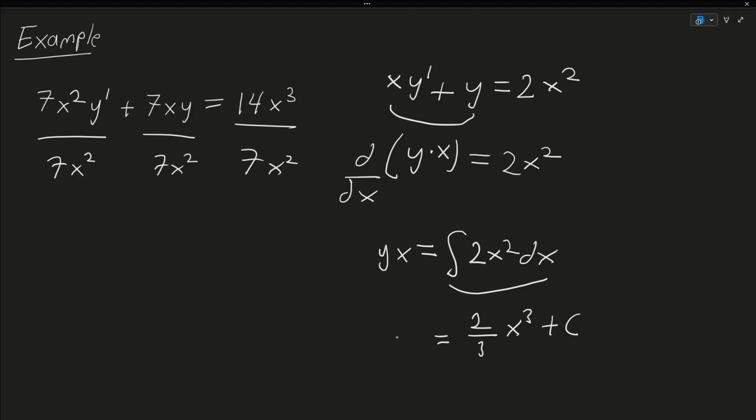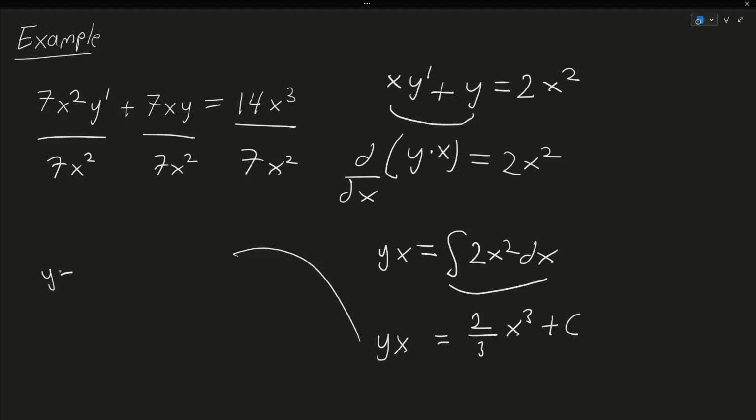So we're going to have this right-hand side equal to yx, and then we want to solve for y when we're solving differential equations. So I'm going to move over here and divide everything by x, so we can have the solution in terms of x.